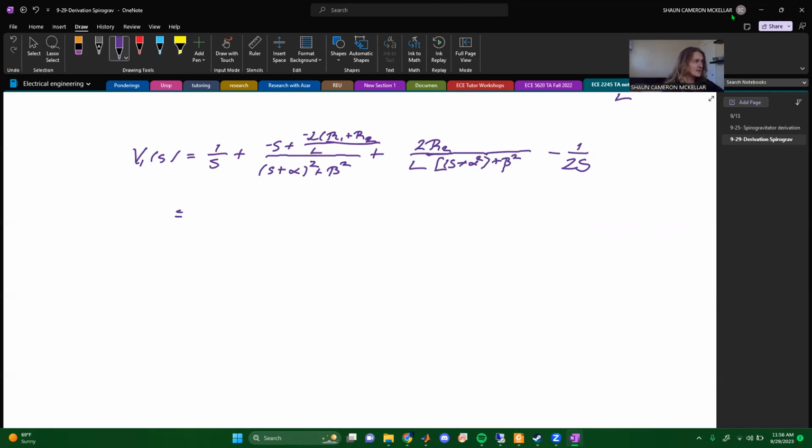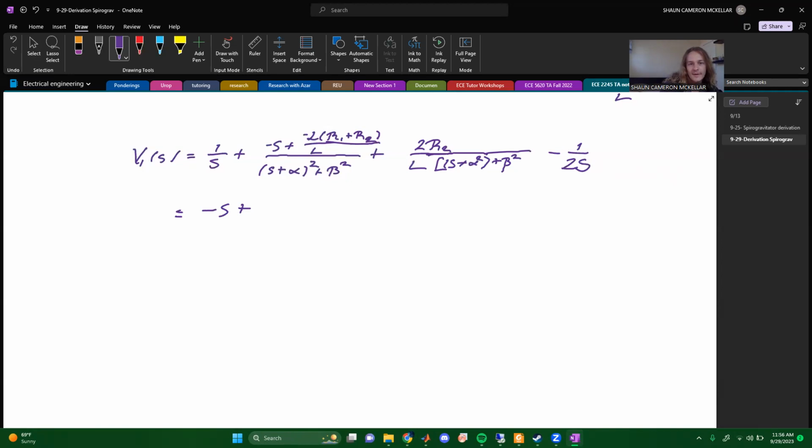And I can also see that this 2 over L R2 will turn into negative s plus, one sec, if I do 2R2, give me a moment.